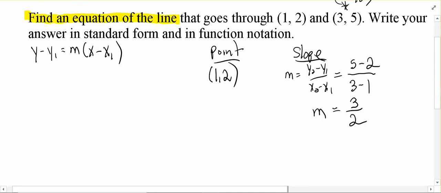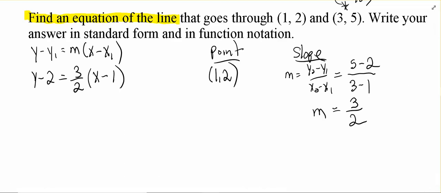And I purposely want to show you an example of a fraction slope to show you some strategies. So let's go ahead and just plug these numbers into point slope form. We have y minus the y value equals slope times x minus the x value. Now the first thing that I always do is I try to say, if I distribute that 3/2 across, will the x1 kill my fraction for me?